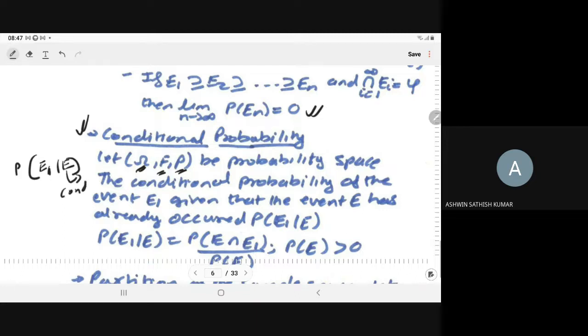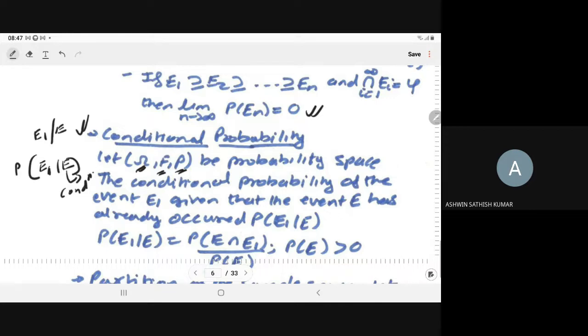So the conditional probability of the event E1, given that event E has already occurred, we represent as the probability of E1 given E. Never write it as an oblique line; given is denoted by the straight line.